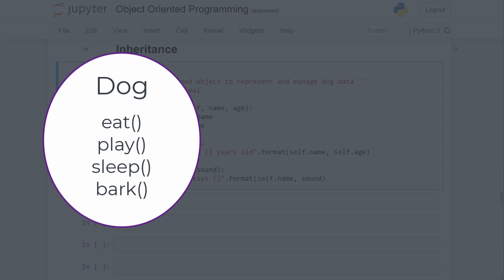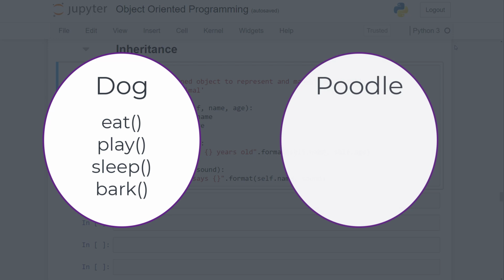Now imagine that you create a new class which pertains to a specific dog breed. Let's say a poodle. We know that a poodle eats, it plays, it sleeps, and it barks. So we can have it so that all of the attributes and methods of the dog class are inherited by the poodle class. Now we may want to be a little more specific with the sound that a poodle makes when it barks.